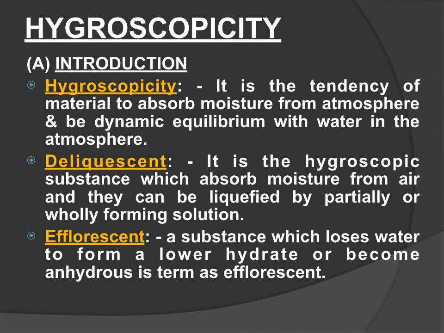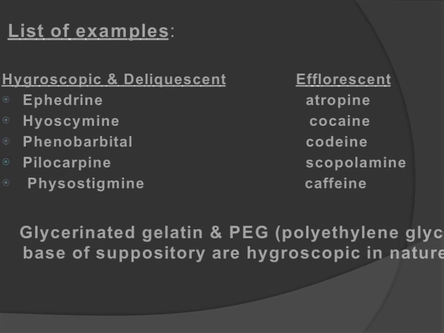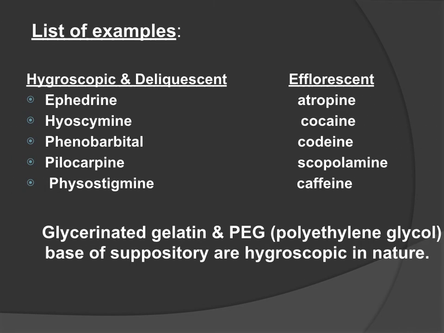So again, hygroscopic means it has an affinity to take moisture from the atmosphere till it becomes sticky, while deliquescent takes moisture from the atmosphere till it dissolves in it, while efflorescent means it loses moisture and forms a lower hydrate or an anhydrous salt. We have several examples of hygroscopic, deliquescent, and efflorescent powders, like ephedrine, hyoscyamine, phenobarbital, pilocarpine.